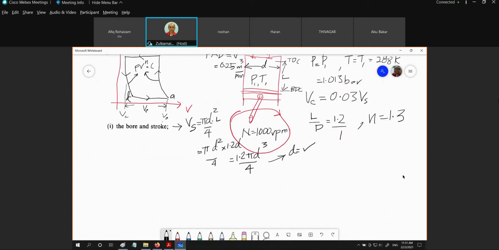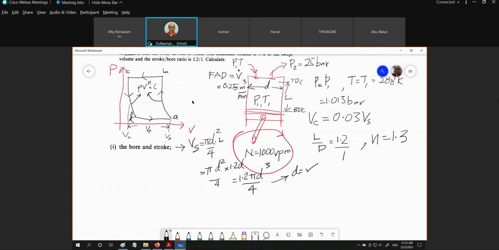Okay, VA minus VC. And we try to relate the VA minus VC according to the VA and also the VD. So before that, I need to put the pressure involved in this PV diagram. So this is our pressure, P equal to P1. This is our pressure, P2. Right?